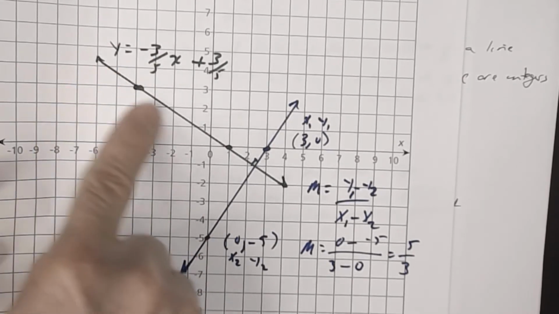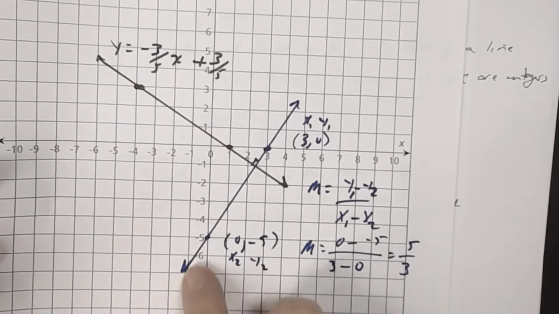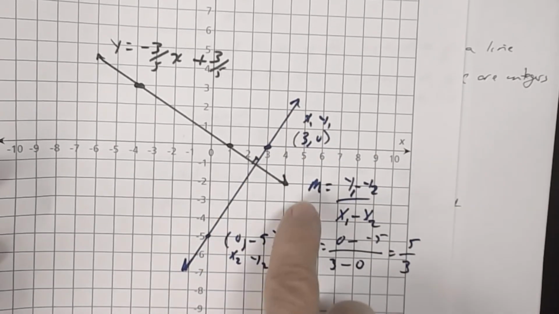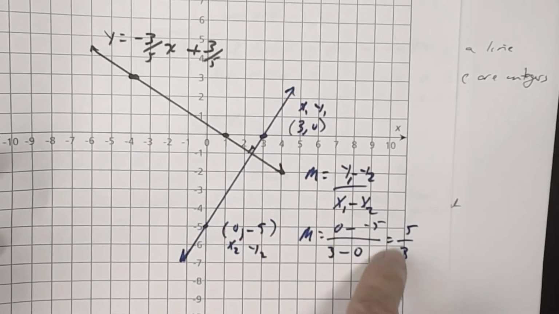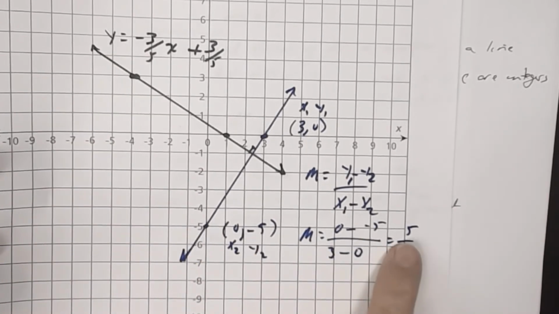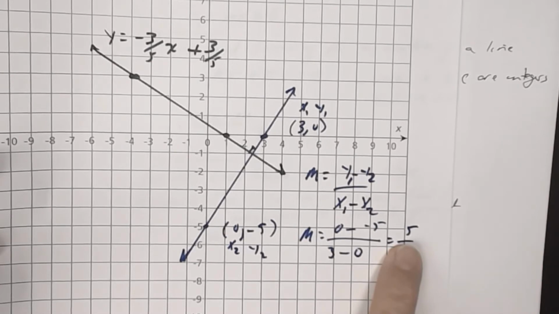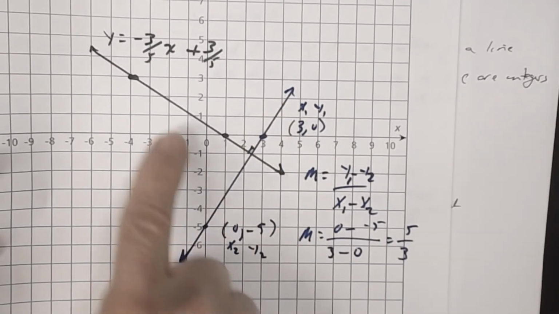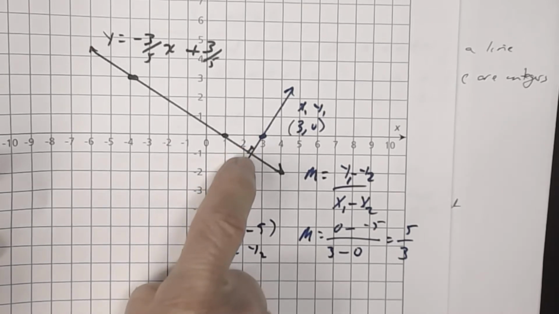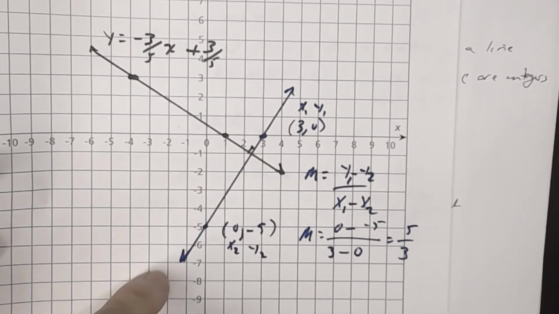Remember, the line falls, so the slope is negative. Over here, you weren't given the equation, but you were given 2 points on the line, so we used the slope formula, and the slope is +5/3. So -3/5 and +5/3 are negative reciprocals of each other. Those two lines are perpendicular, meaning they intersect and form a right angle.